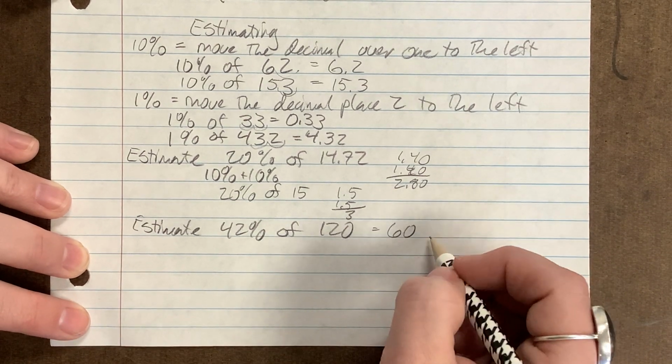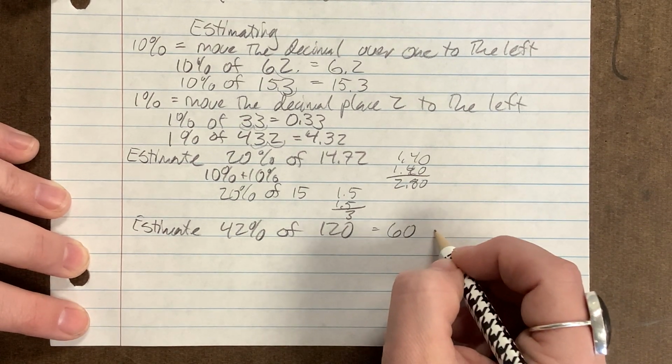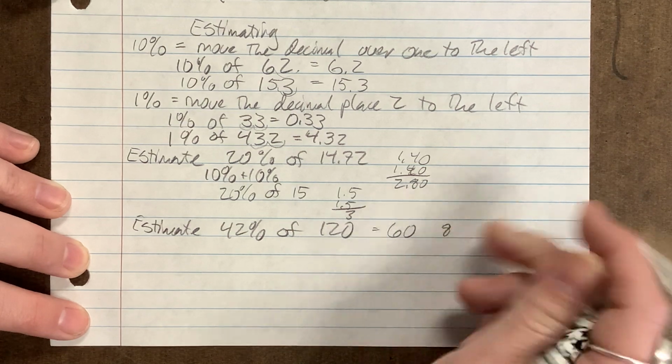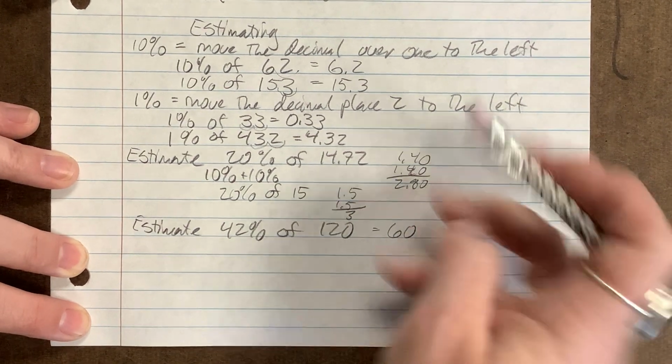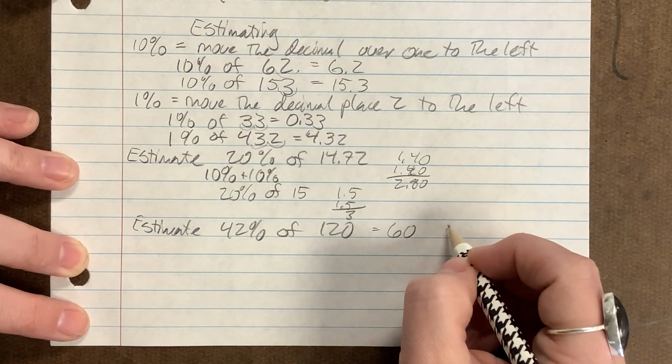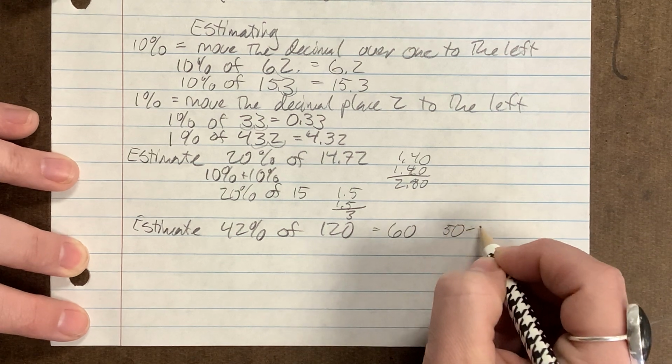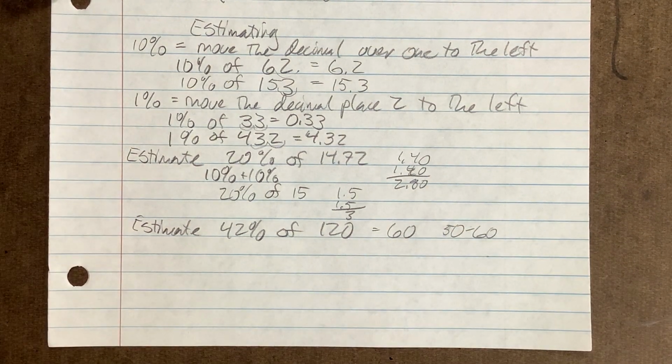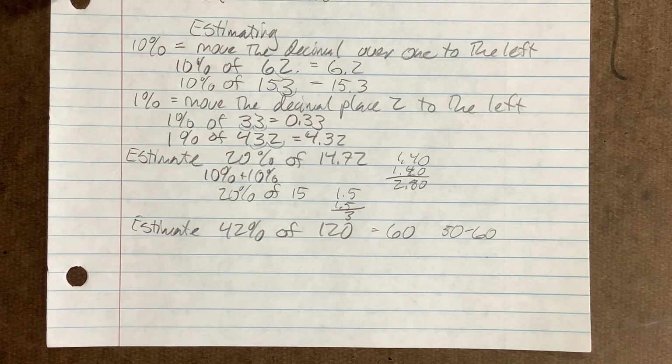And then we can maybe say we want a little bit smaller than that. So our estimate could be probably anywhere from 50 to 60, somewhere in there. And just for verification's sake, 0.42 times 120, the real answer is 50.4. So a guess between 50 and 60 is pretty on the nose on that one. Okay.